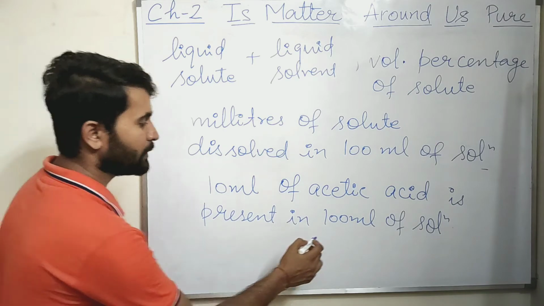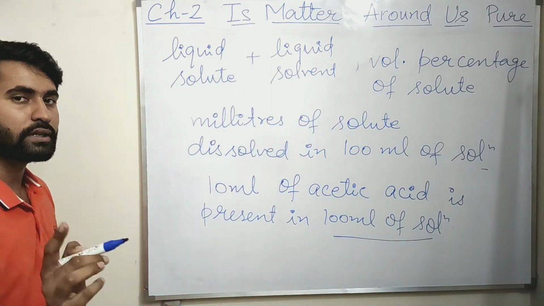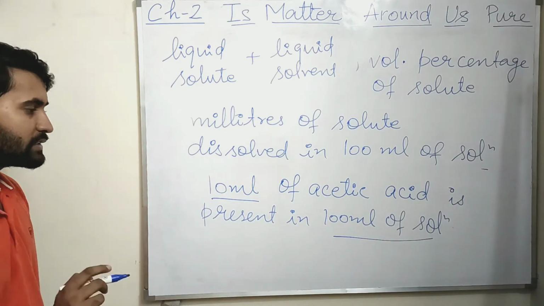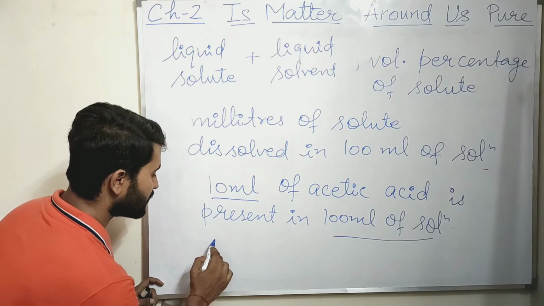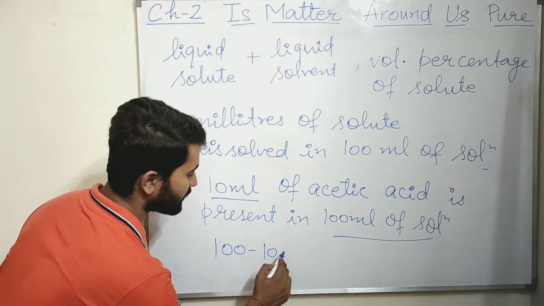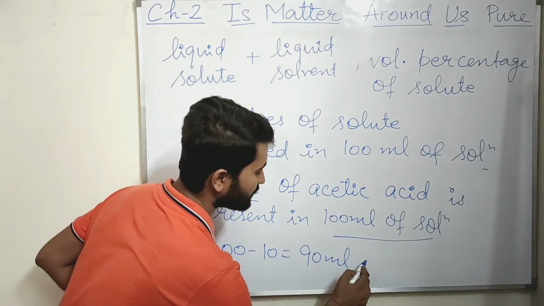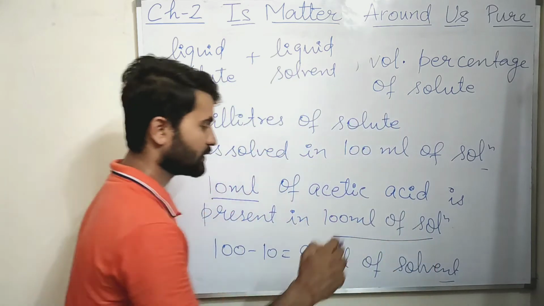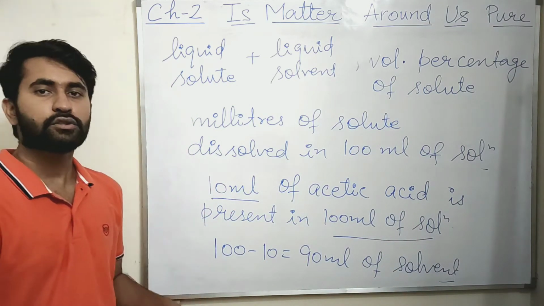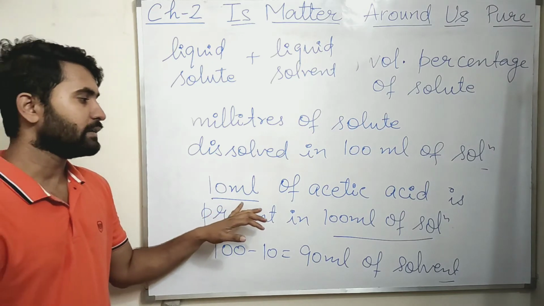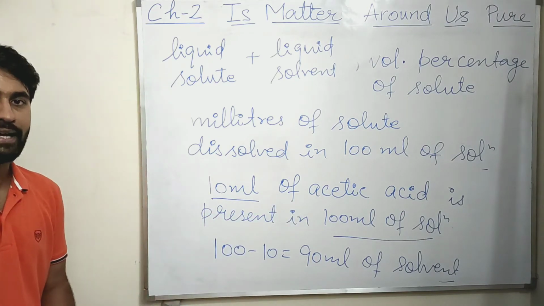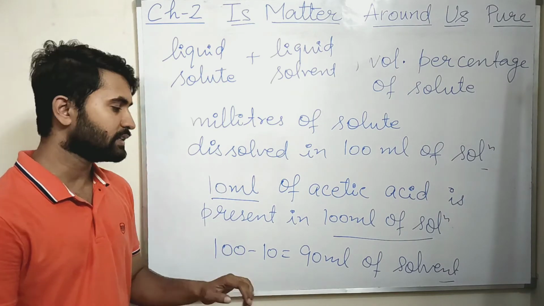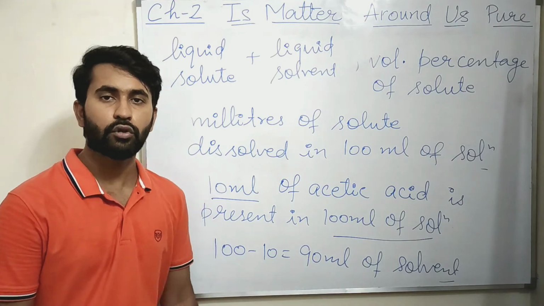This 100 ml of solution also includes 10 ml of acetic acid. It means that the solution contains 100 minus 10 is equals to 90 ml of solvent. So if we have to prepare 10% solution of acetic acid, then we will dissolve 10 ml of acetic acid in 90 ml of water.